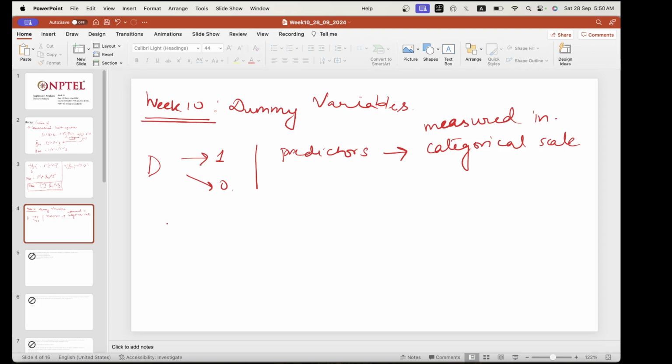So the simplest possible example would be, let's say, gender.